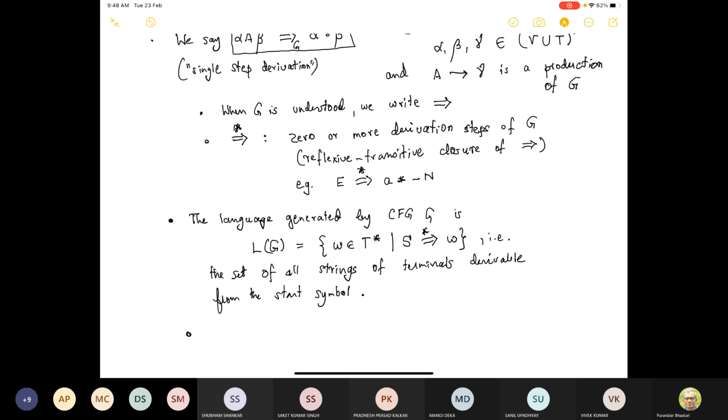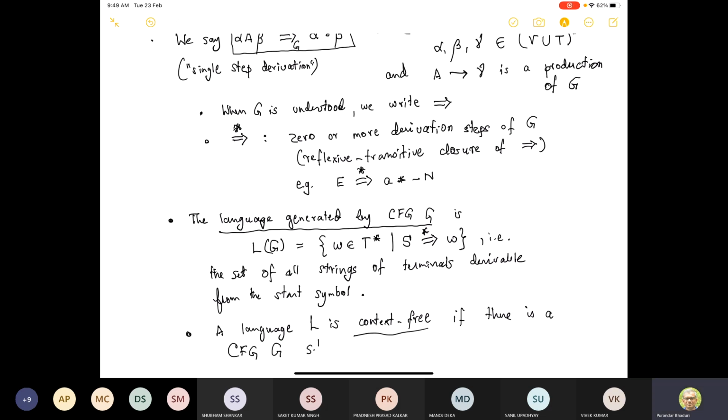And finally, we say that a language L is context-free if there is a CFG G such that L equals LG.